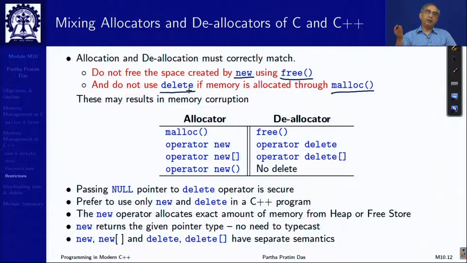And since these are all runtime calls, the compiler has no way to check that you are not freeing a memory by delete which was allocated by new. It is the user's responsibility to ensure that, there is no shortcut on this. So, always match your allocator with deallocator. If you have done malloc, use free on that memory. If you have done operator new, use operator delete, that is one element allocation, deallocation.